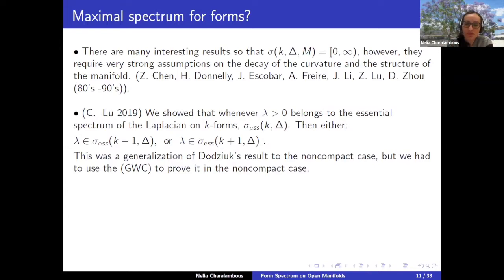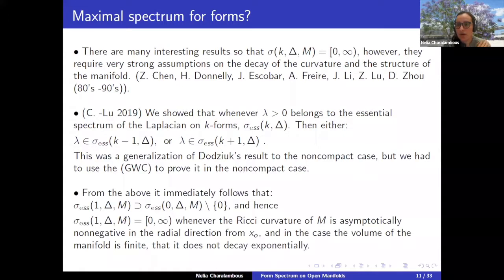But to prove these results for non-compact manifolds, we had to use the generalized Weyl criterion, because the Dodds-Hughes result for the compact case is not as easily generalized. However, this result immediately tells us that if we're looking at the one-form spectrum, then this set, if we take away 0, it's always going to contain the function spectrum.